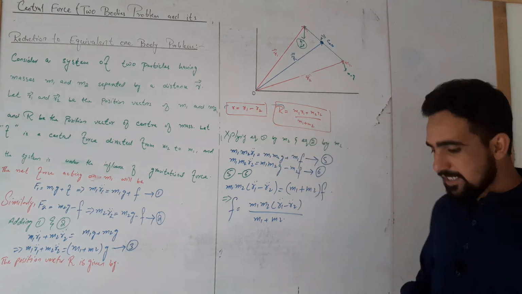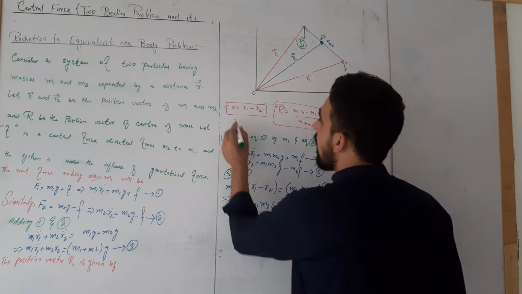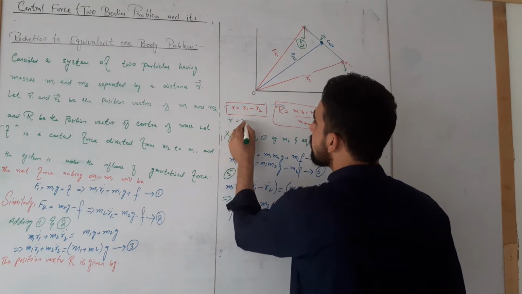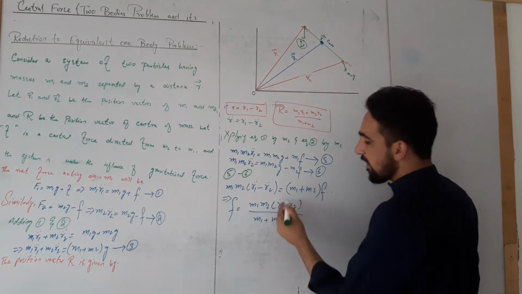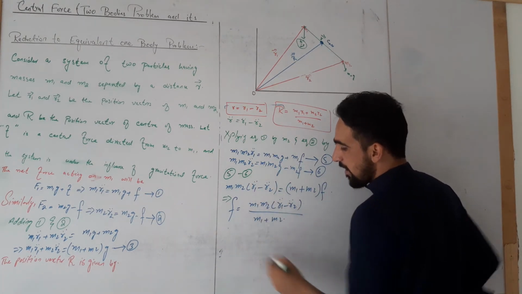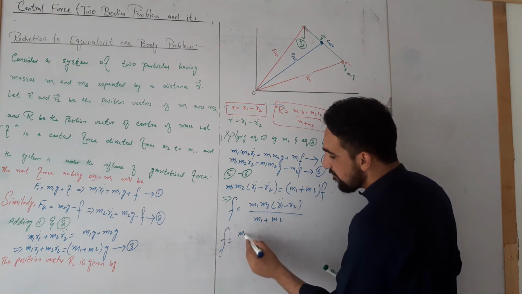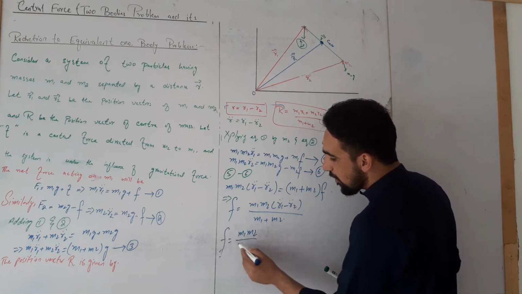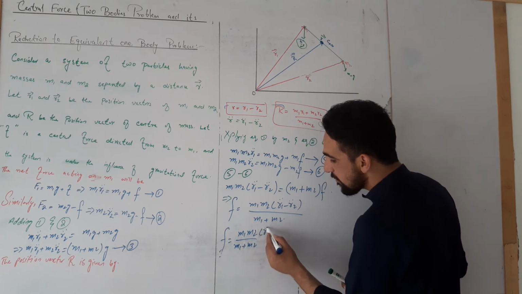If we differentiate this equation 2 times, this gives us r double dot is equal to r1 double dot minus r2 double dot. So we can use this value here, and the central force F will become m1 m2 divided by m1 plus m2 times r double dot.